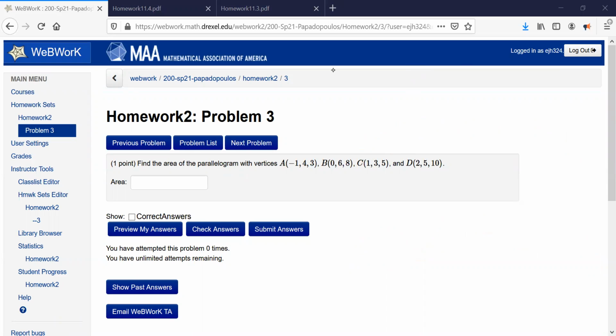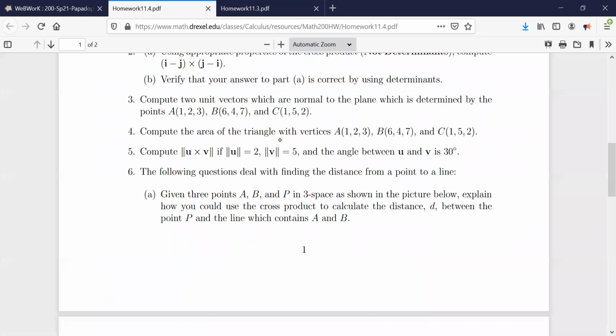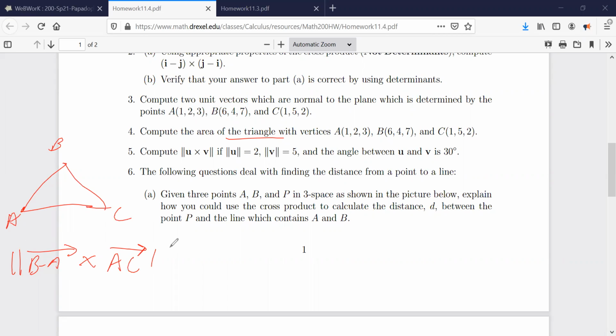Okay, yeah. So if in this question right here, 4 here, if it were to say to compute the area of this triangle with vertices, then you would pick, so this is A, this is B, this is C. If you were to do this, then you would do the vector AB cross the vector AC, and then you would do the norm of that, and that would give you the area of this parallelogram.